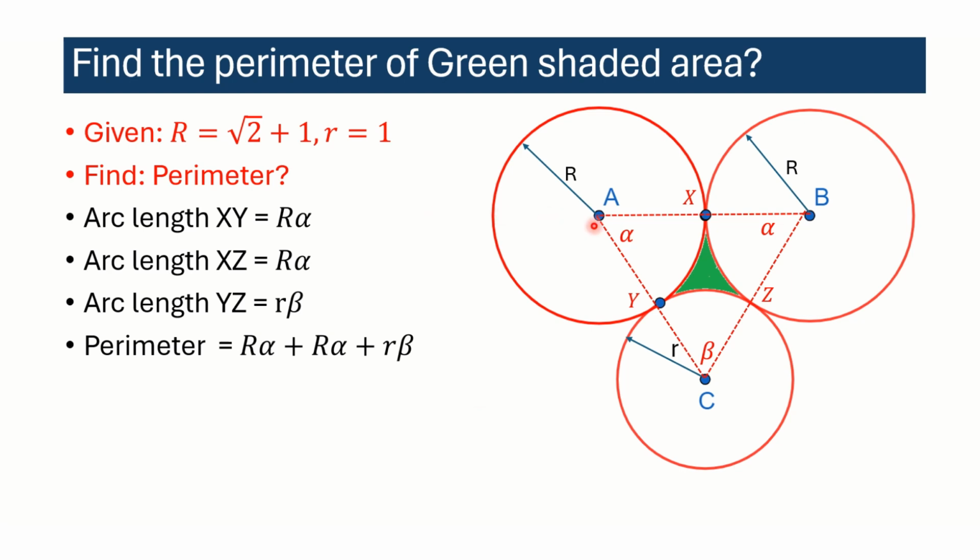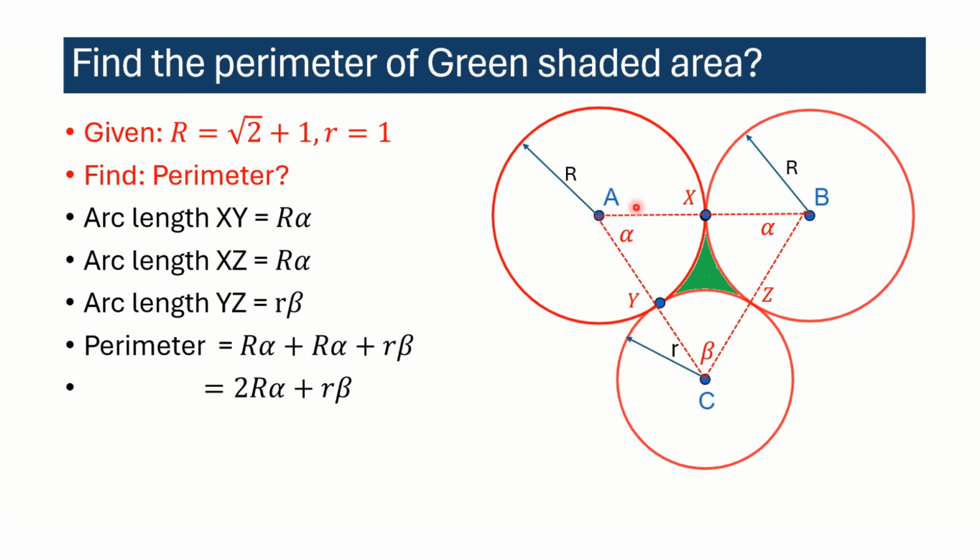Now if I want to find the perimeter, I have to sum. So perimeter is equal to R alpha plus R alpha plus r beta, that is 2R alpha plus r beta. So if somehow I can calculate alpha and beta, I can calculate the perimeter because I know capital R and I know the small r. So how will you calculate alpha and beta?